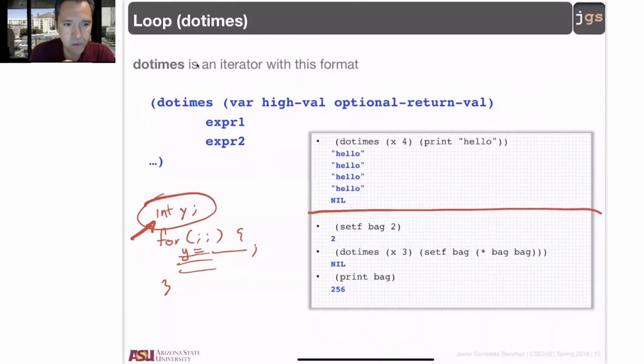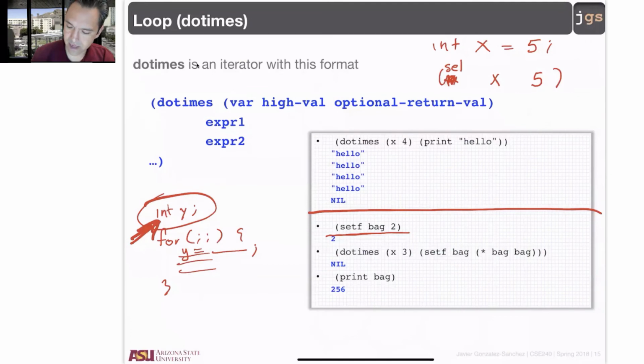The instruction that we're going to use to do something like this is this one. So if I want to create a variable int x, and I want to put x the value of 5, the equivalent of that line in Lisp is open parentheses, closing parentheses, and then the variable and the 5, and let's use the word set, and why not setf, the function set.